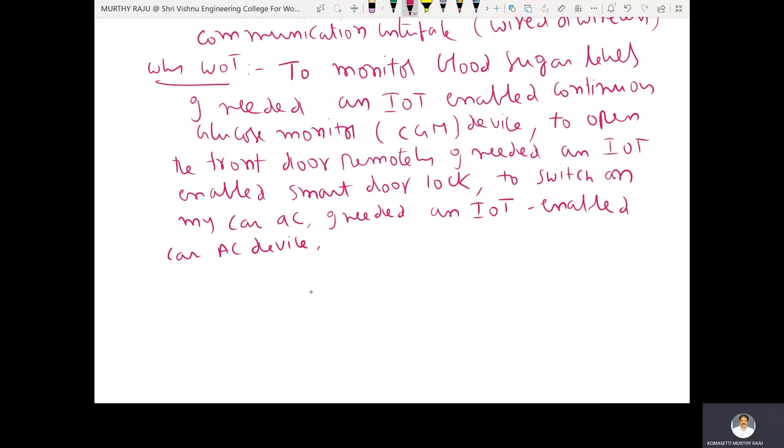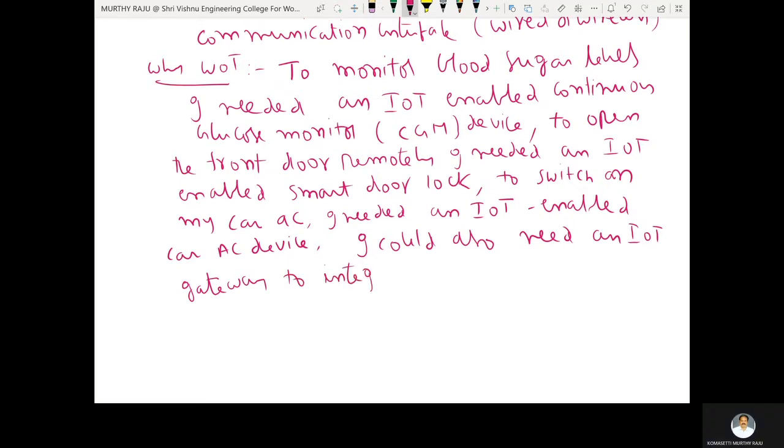I could also need an IoT gateway to integrate all my home IoT appliances.